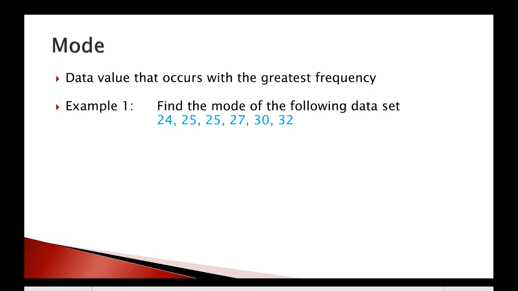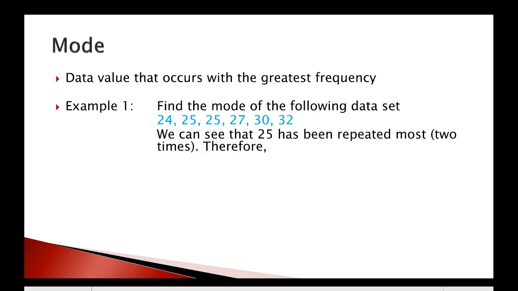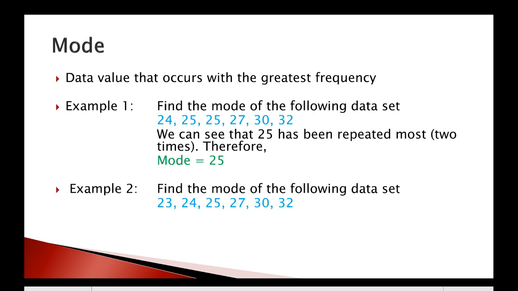You can clearly see that the number 25 is repeated twice and every other number is only repeated once. So the number that has the highest or the greatest frequency is 25. So the mode is 25.